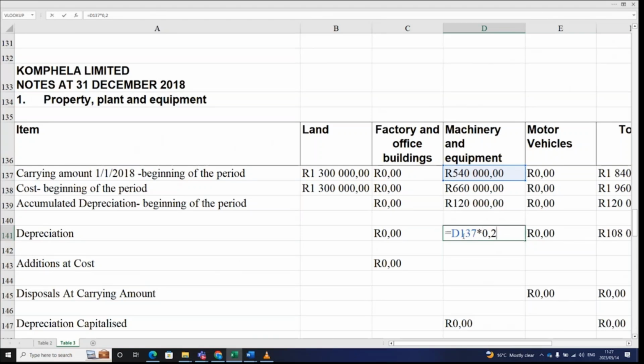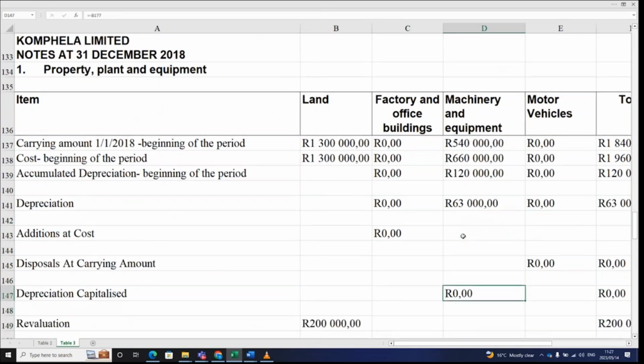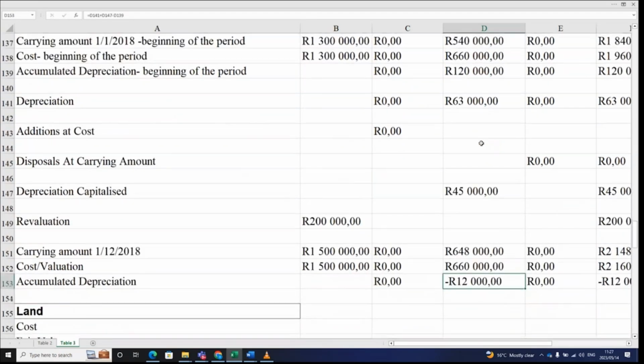So 7 out of 12 months this asset was not being used to construct the building. That gives us 63,000. Then for the period that it was, we take the carrying amount multiplied by the 20%, then multiply that by 5 out of 12. And that's how much was capitalized.